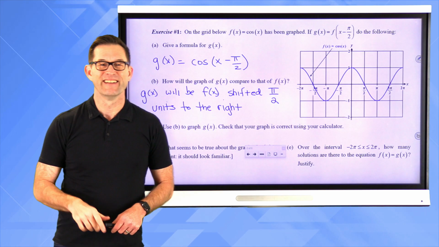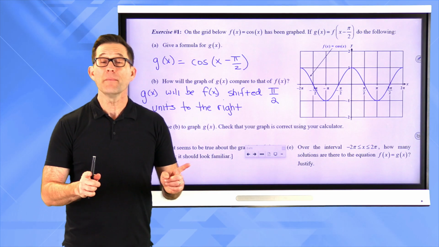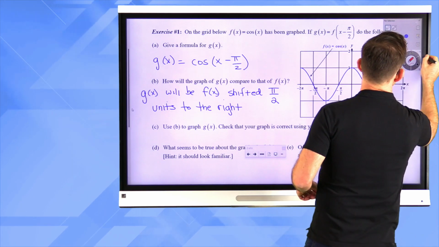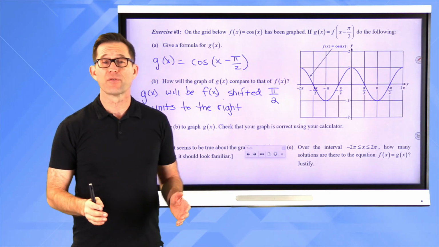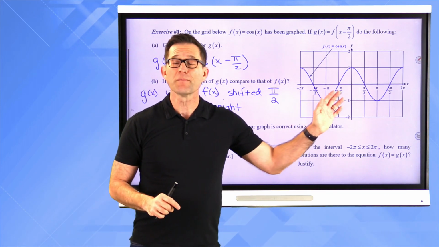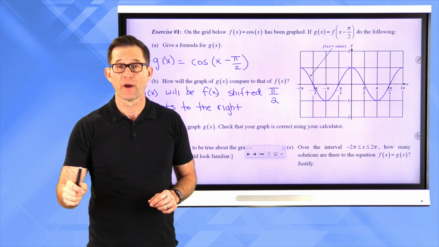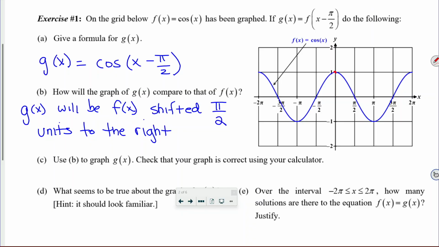Awesome. Now letter C. Use B to graph g of x. Check that your graph is correct using your calculator. Awesome. Well, let me shift over to red so that we can distinguish between g of x and our cosine curve. Now, of course, shifting it to the right by pi over 2 units is pretty easy because my x-axis is scaled in pi over 2 intervals, right? So all I'm going to do is take this point and move it to the right, pi over 2 units.